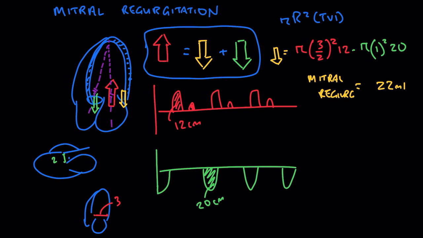Then, for our two known arrows, we took the dimensions from various echo views, along with the VTI, to figure out what that actual flow was. So we have our red arrow of flow, we have our green arrow of flow, and then we were able to solve for the one unknown, which is our leaking mitral regurgitation, or the yellow arrow, which was 22 mils in this case.